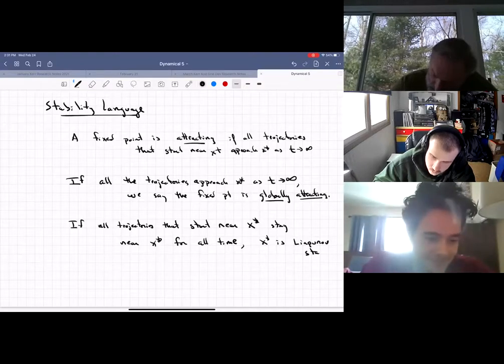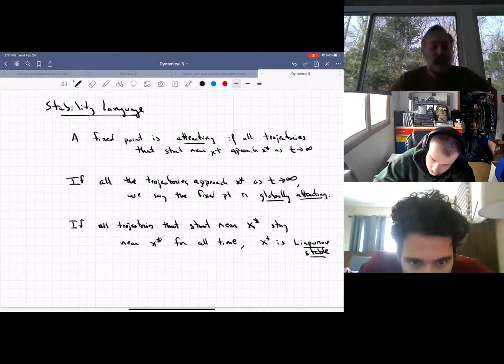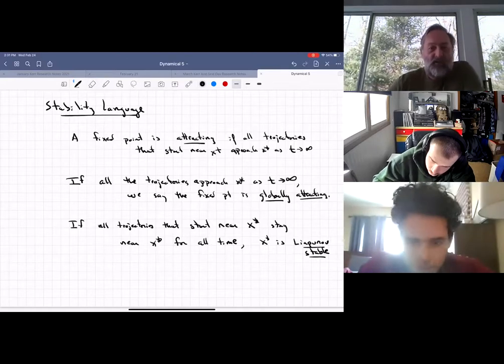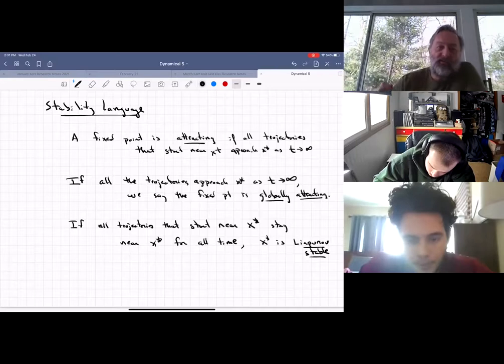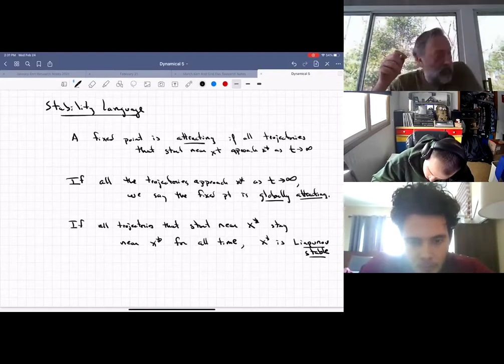Interesting word. Okay, so Lyapunov, Russian mathematician. So we're saying that if all the trajectories that start near the fixed point stay near the fixed point for all time, then the fixed point is Lyapunov stable.